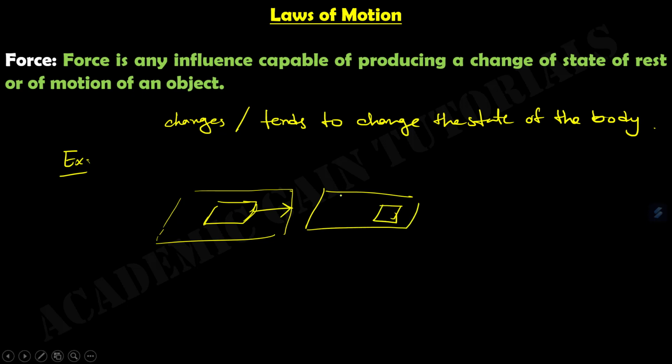Otherwise, it will not move, it will remain the same. So this something which we apply to change the state of this body is known as force. This is the force, when we apply something which changes or tends to change the state of the body.